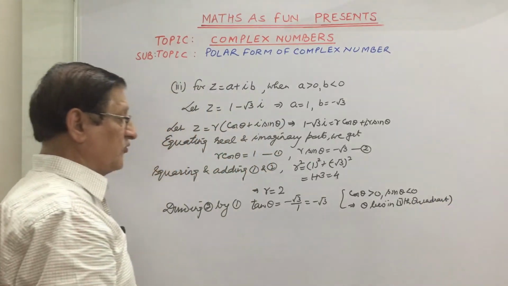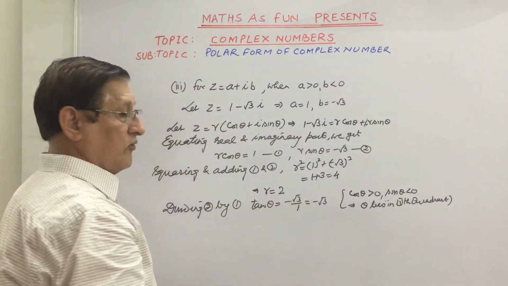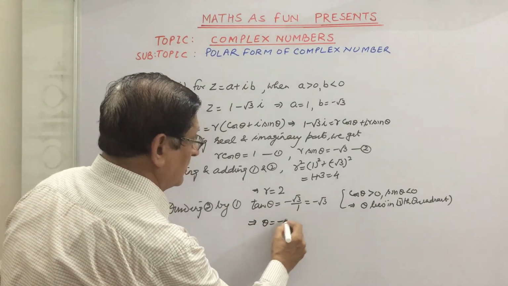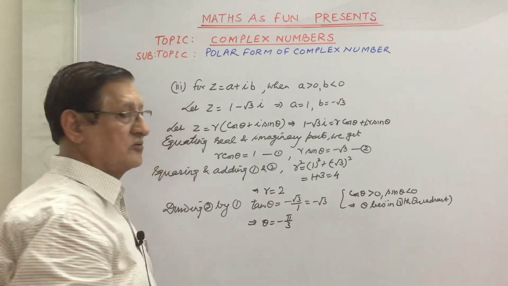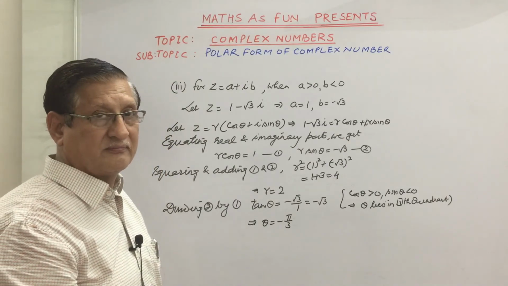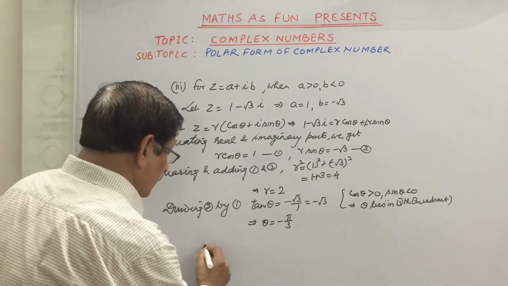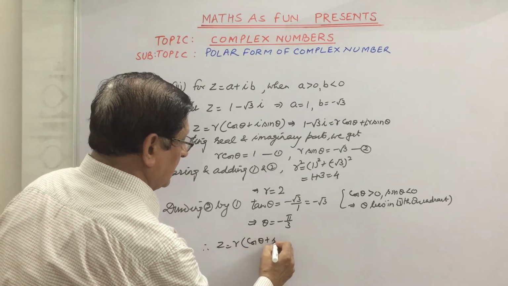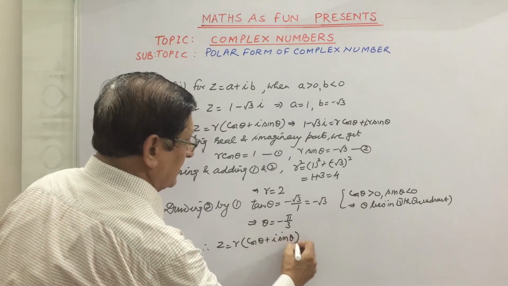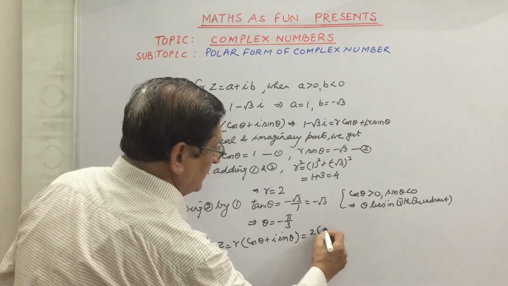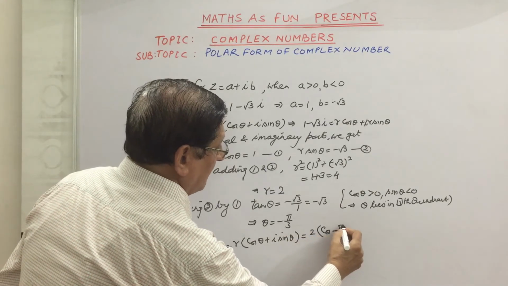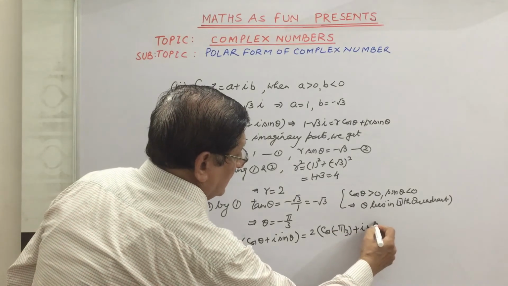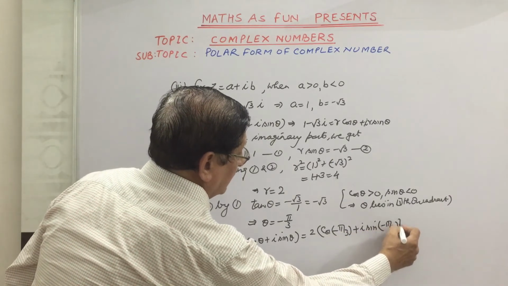When theta lies in the fourth quadrant, we have to see what theta should be. Then theta will be equal to minus pi by 3. We'll take it negative. And then we can write, therefore, z is equal to r cos theta plus iota sin theta, that is equal to 2 into cos of minus pi by 3 plus iota sin of minus pi by 3.